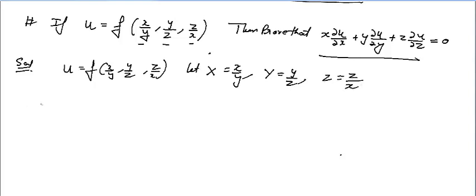So when you take this, you will get u depending upon f of capital X, capital Y, capital Z. Now u is a function of capital X, Y, Z, and capital X depends on small x and y, and so on. Capital and small are different. So this is the composition function.